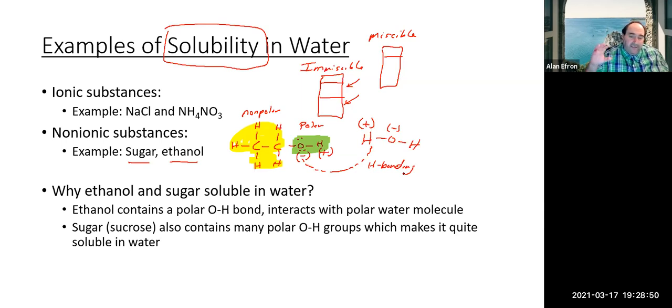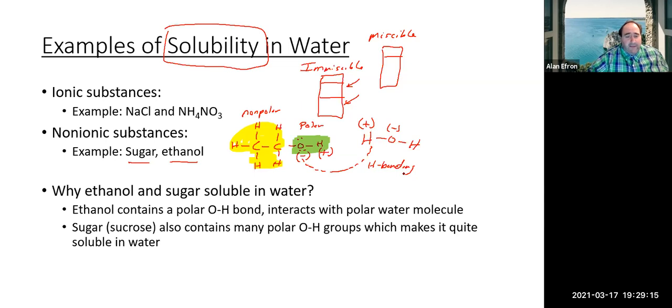So even though it's got this nonpolar part, it has this little part that looks just like the bond you see in water. It's the same OH bond that you see in water. And they're able to interact with each other because it contains that particular bond. That type of bonding is what's known as hydrogen bonding, and it makes it very, very soluble.